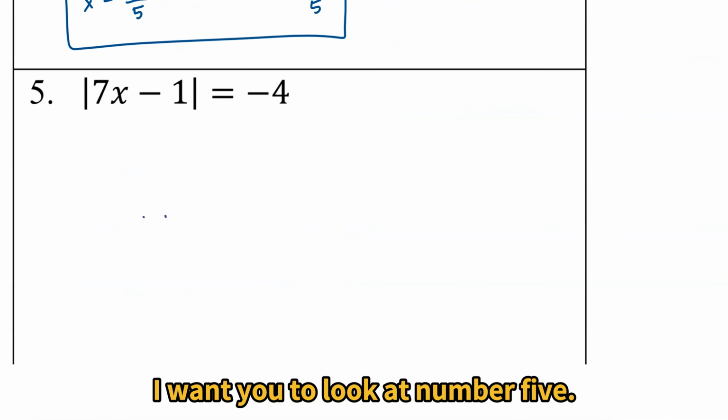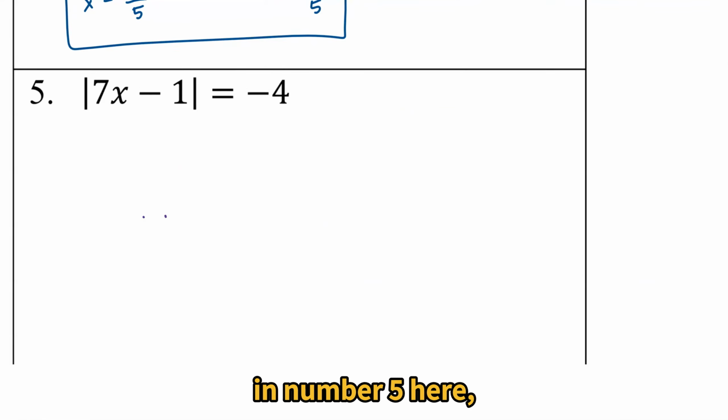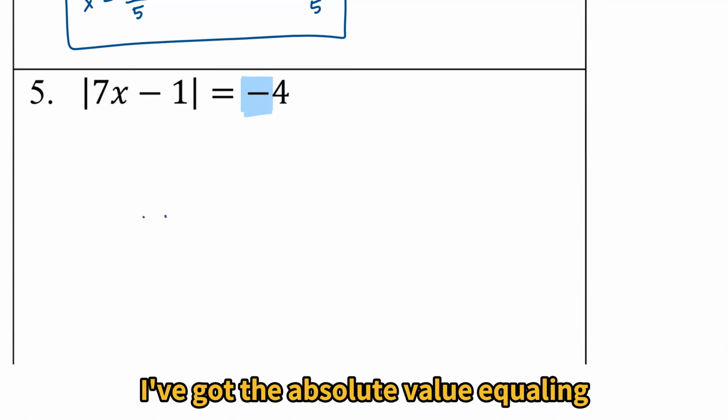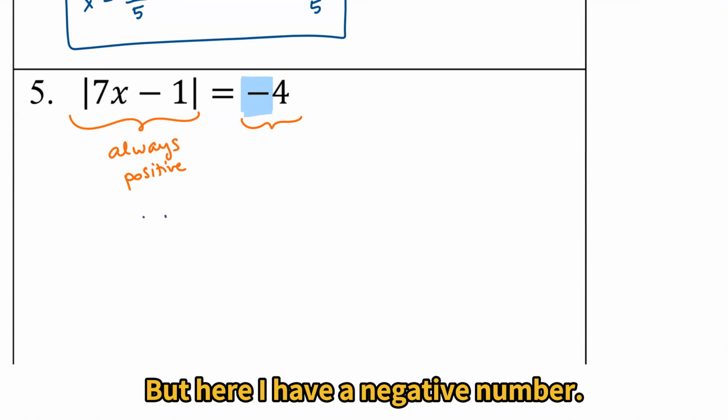I want you to look at number 5. What do you notice about number 5? Do you see it? Well, in number 5 here, I've got the absolute value equaling a negative number. Absolute value is always positive, but here I have a negative number.